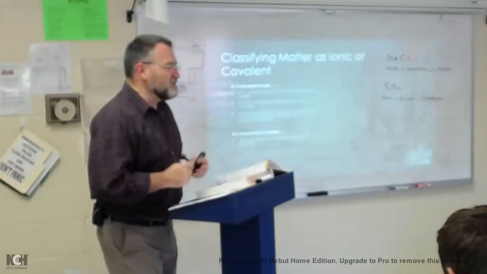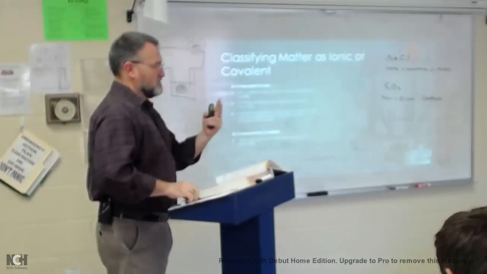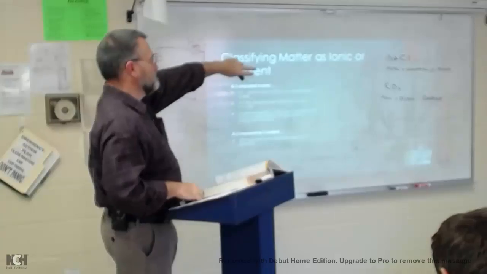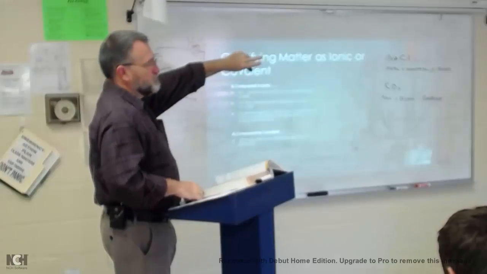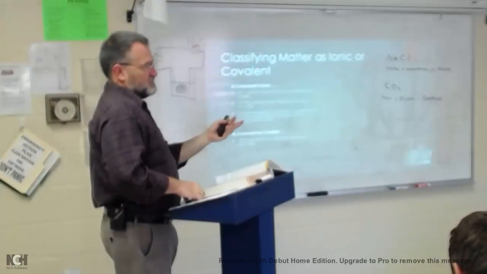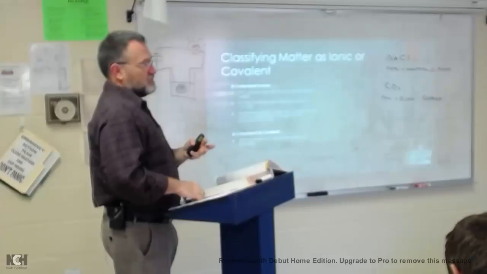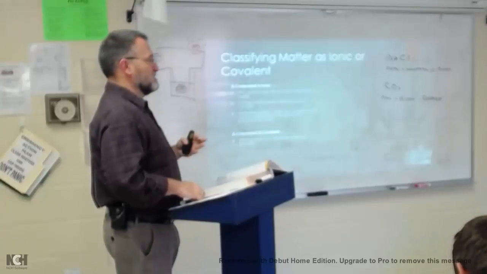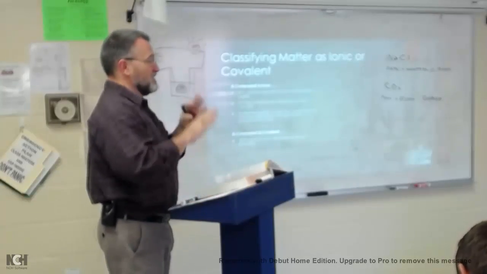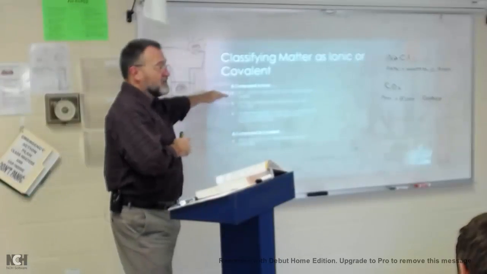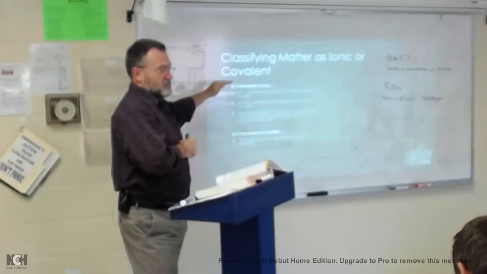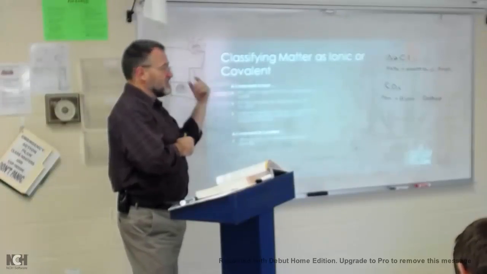We are not going to have compounds that have two metals. We're not going to have a sodium-potassium combination. Okay, they're both metals. We're not going to have any of those. The only thing we're going to have is either the molecule is going to have a metal in it or it's not. And if it has a metal in it, it's ionic.